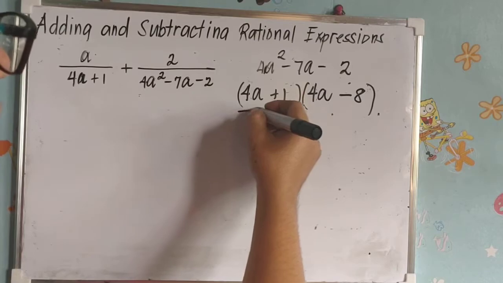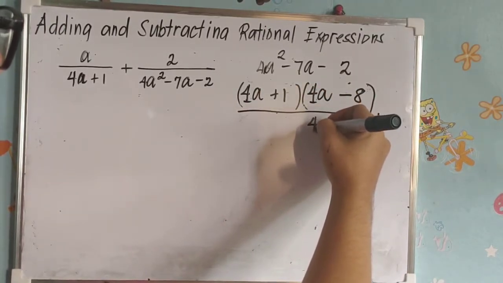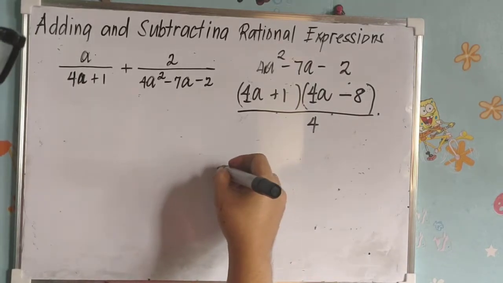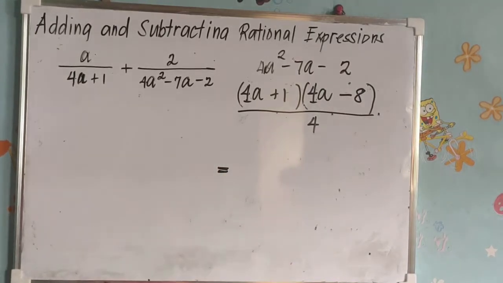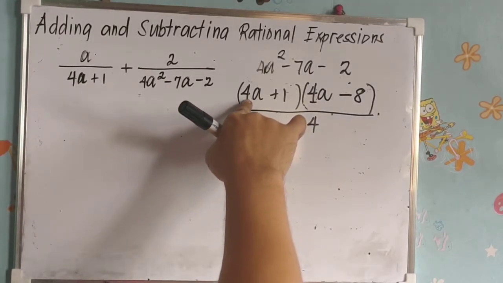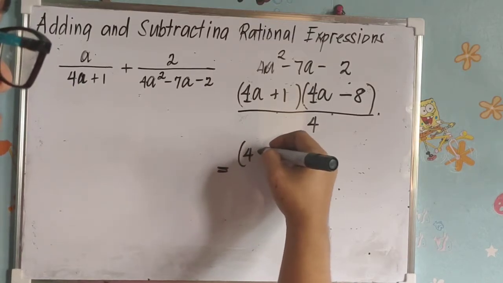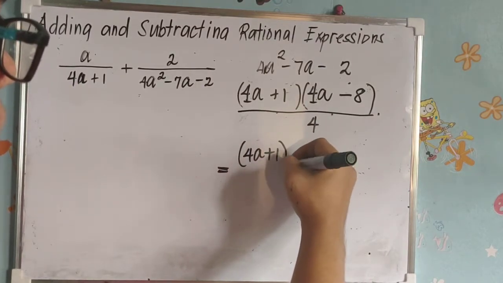Okay? And then, divide it by whatever number we have here, 4. Then, let's simplify further. There is no common factor in 4a plus 1, so just copy 4a plus 1.